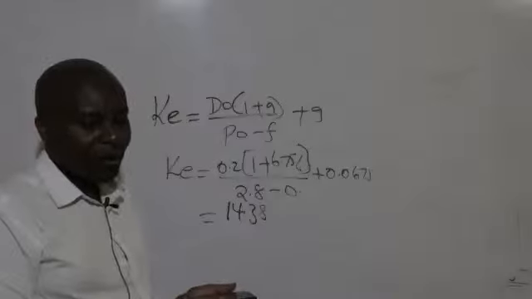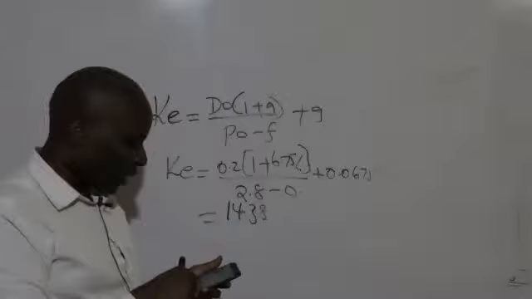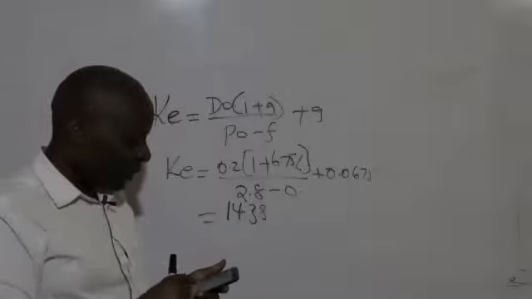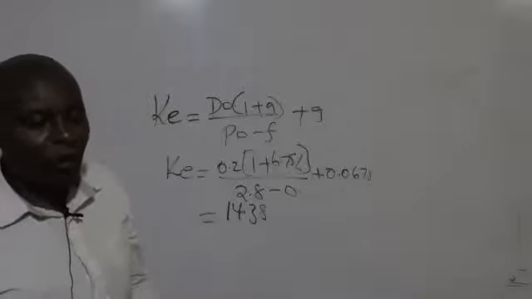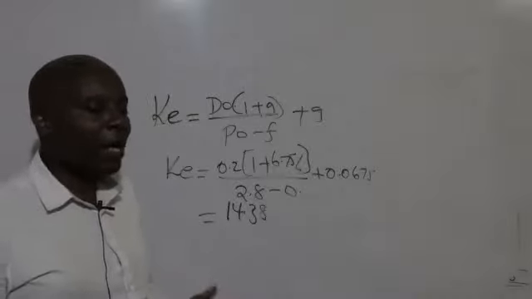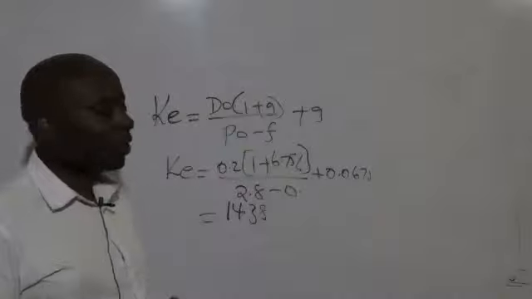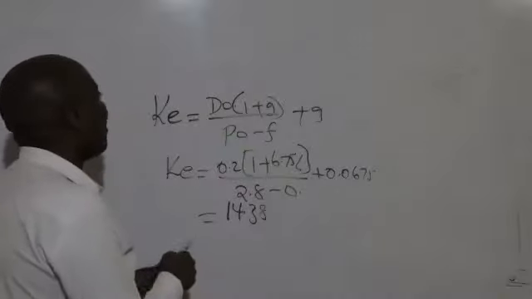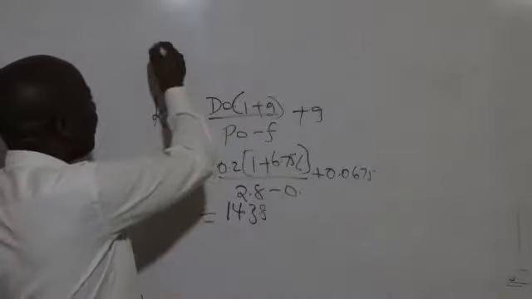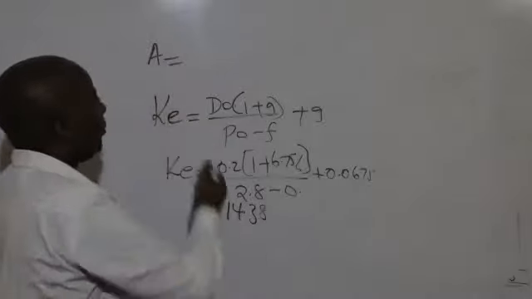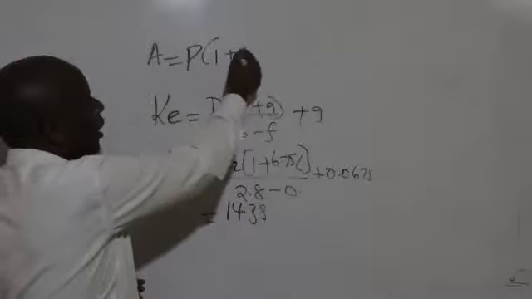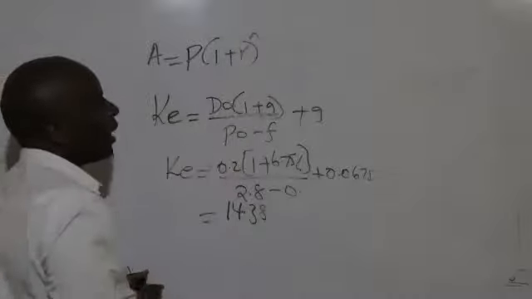Now, lastly, they want us to give them the market value per share in 2 years' time. Remember, this is synonymous to using the compounding formula, where amount equals principal into 1 plus R raised to power n.